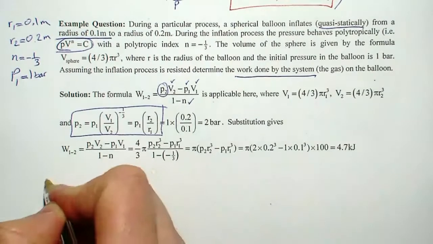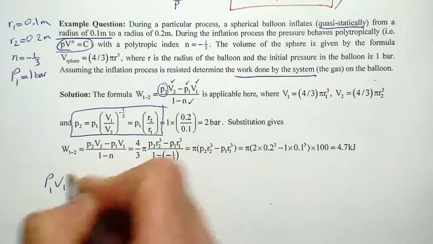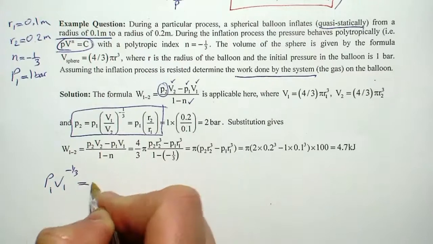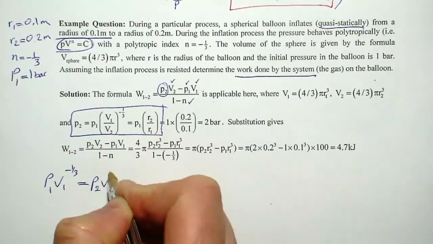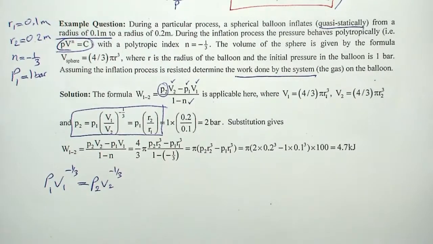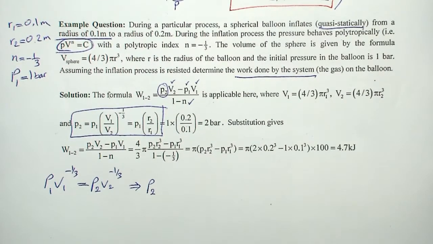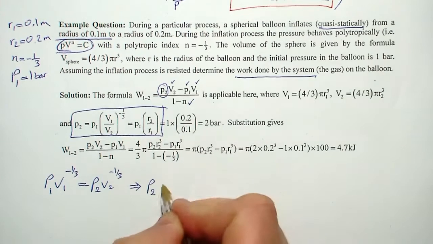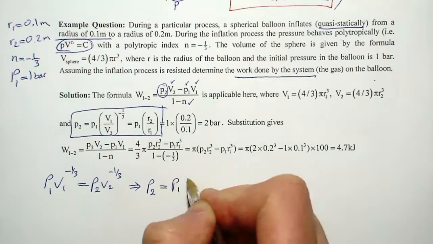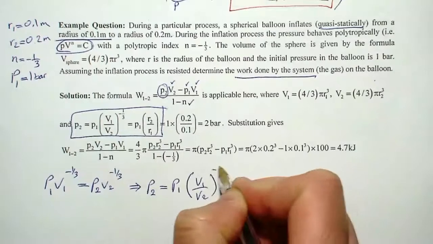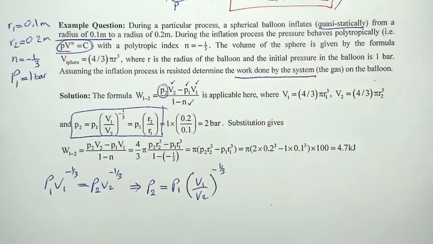So we have P1 V1 to the power of minus 1/3. Of course, that is P2 V2 to the power of minus 1/3. I'm after P2, so I want to rearrange this equation in the form of P2. So that is naturally P1 times V1 over V2 to the power of minus 1/3.